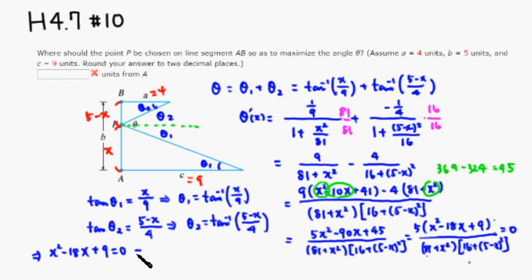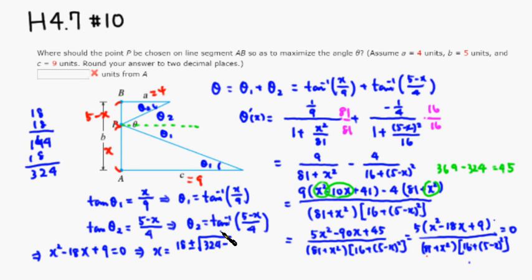We can use the quadratic formula. So x is equal to negative b, which is 18, plus or minus the square root of 18 squared. What's 18 squared? 18 times 18 is 324.